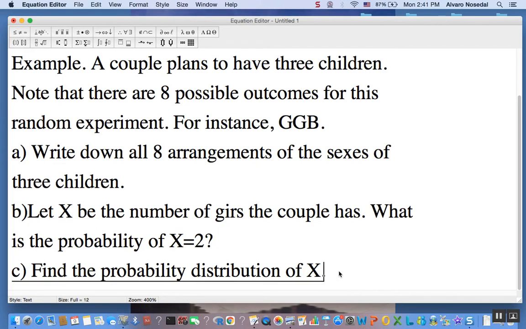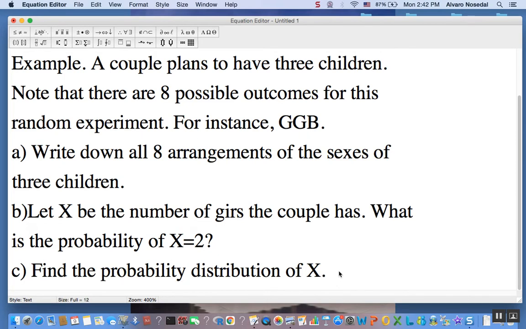So, for instance, here the result of this random experiment is a sequence, right? GGB is one possible outcome for this random experiment. Another one would be GBB, for instance. Okay? But those are just sequences, elements of a sample space.